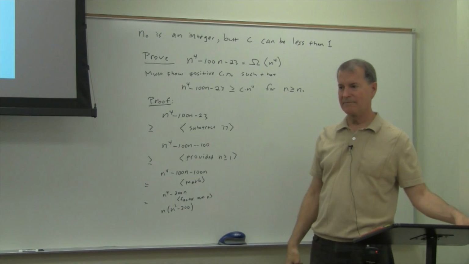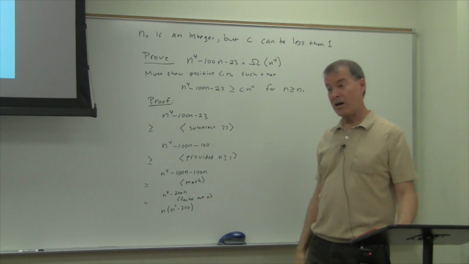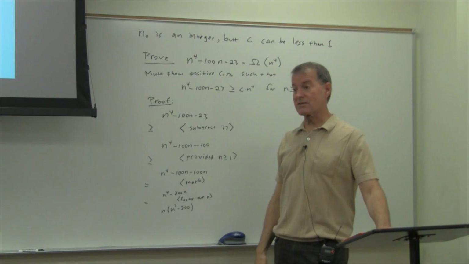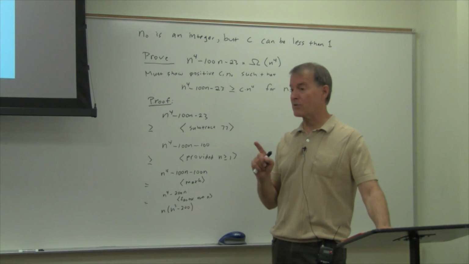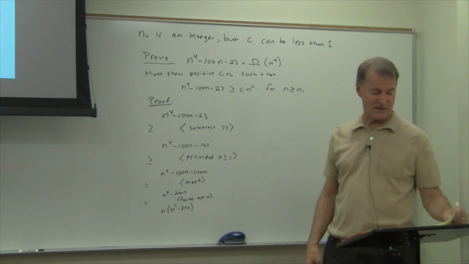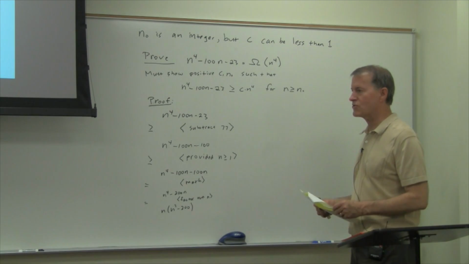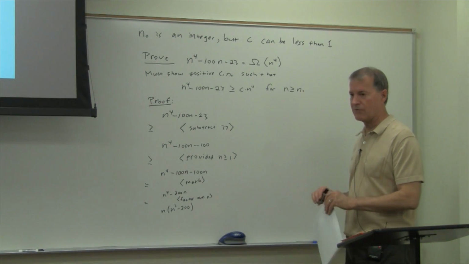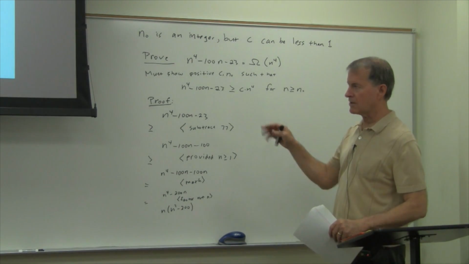C's don't have to be integers? Correct, they do not. They just have to be positive constants. They do have to be greater than 0, but they don't have to be greater than 1. In fact, sometimes they can't be greater than 1.